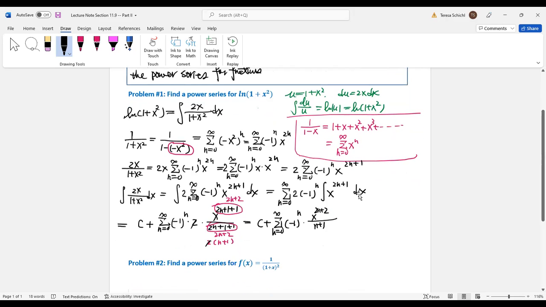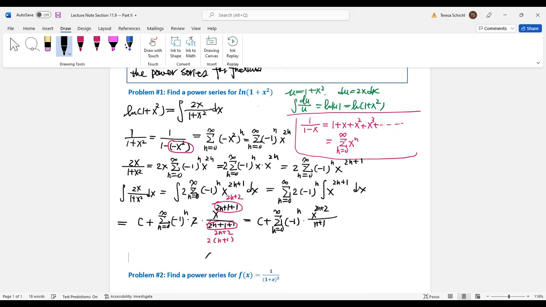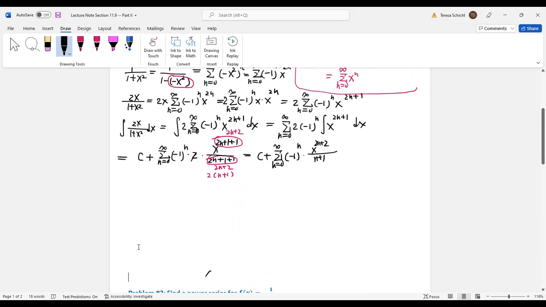Okay, so now just like we figured out the c for the other ones, I need to determine the c here, right? So right now, I know the natural log of 1 plus x squared is equal to c plus the summation n from 0 to infinity, negative 1 to the nth power, over n plus 1, x to the 2n plus 2.